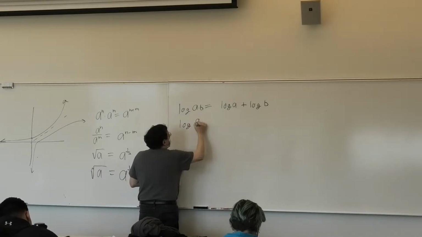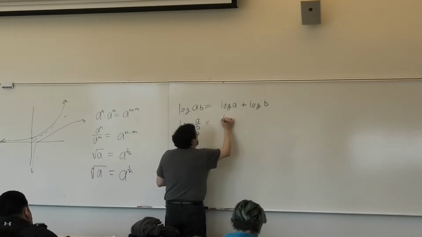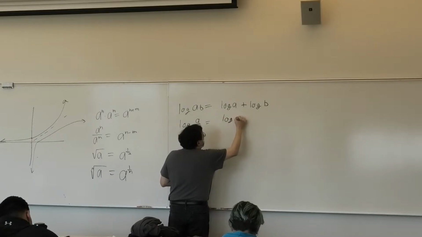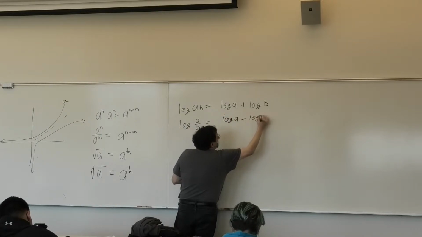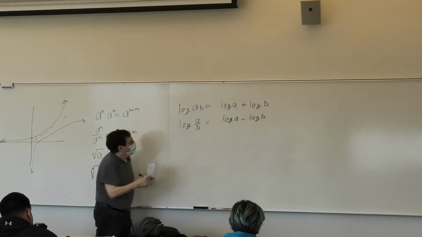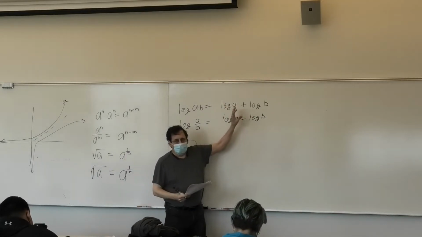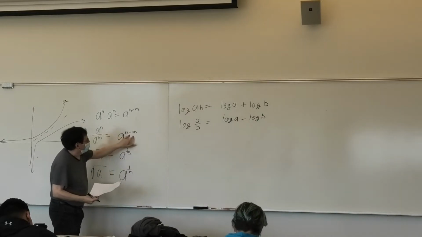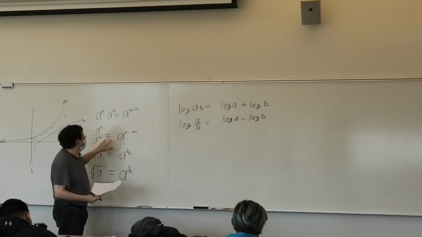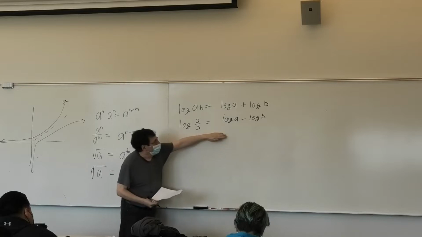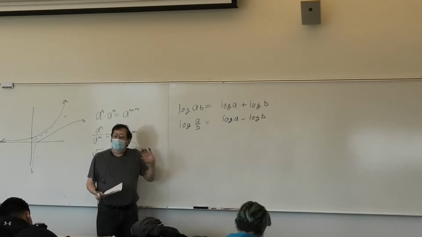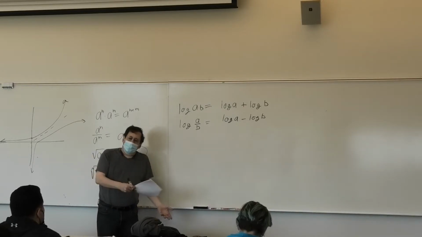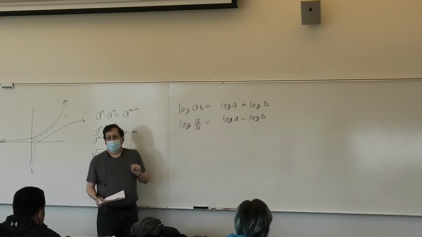Log of a over b equals log of a minus log of b. Logs are exponents. So when you see a subtraction here, it's that same subtraction. These two statements are really the same statement, in one case using the exponential function, and the other the log function.